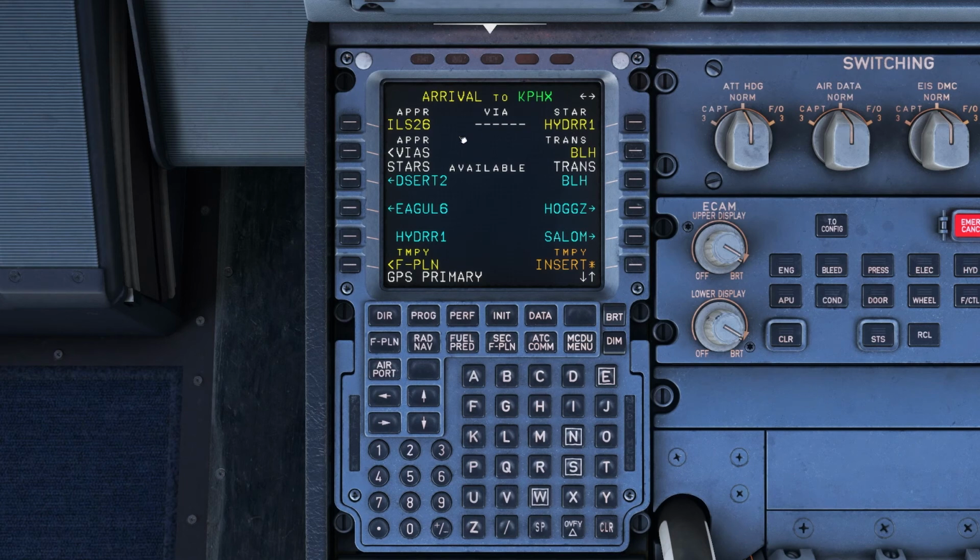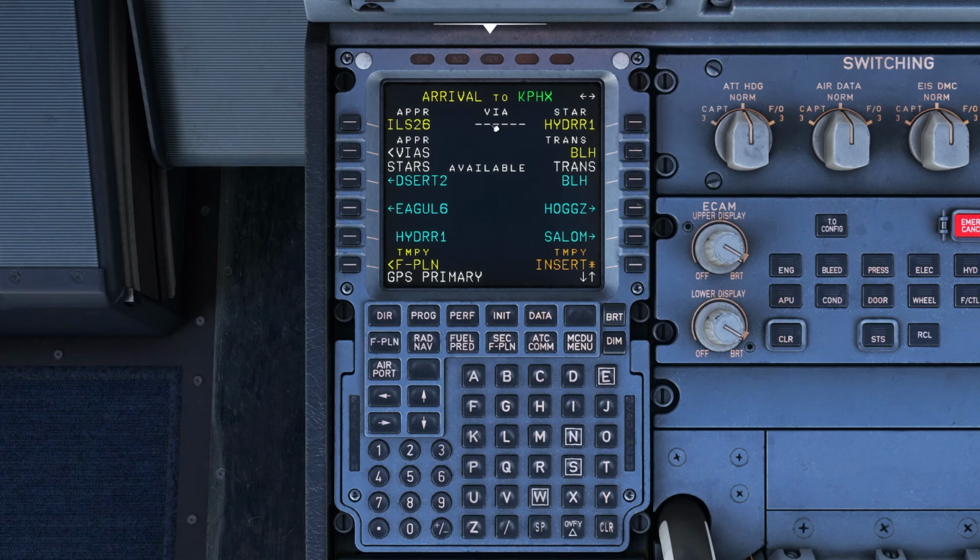So we are going to land at ILS 26, and the way we're going to get there is through BLH on the Hider 1, which is going to give us a predetermined set of waypoints.